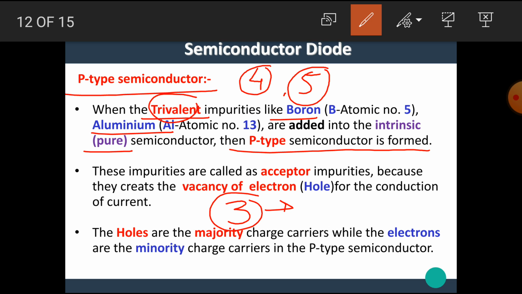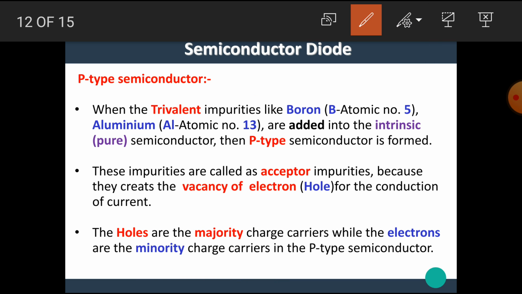For example, the atomic number of boron is 5. We can write the electronic configuration of this boron atom as the first orbit contains 2 electrons and the last orbit contains 3 electrons. Also, we can write the electronic configuration of aluminum, whose atomic number is 13.